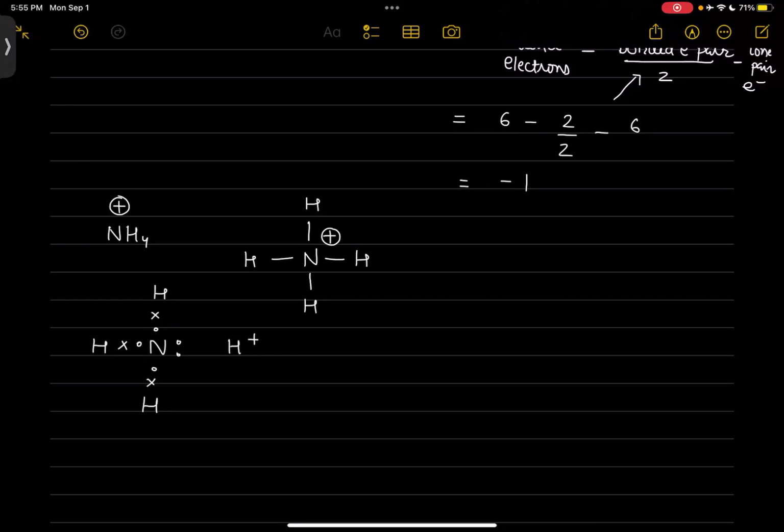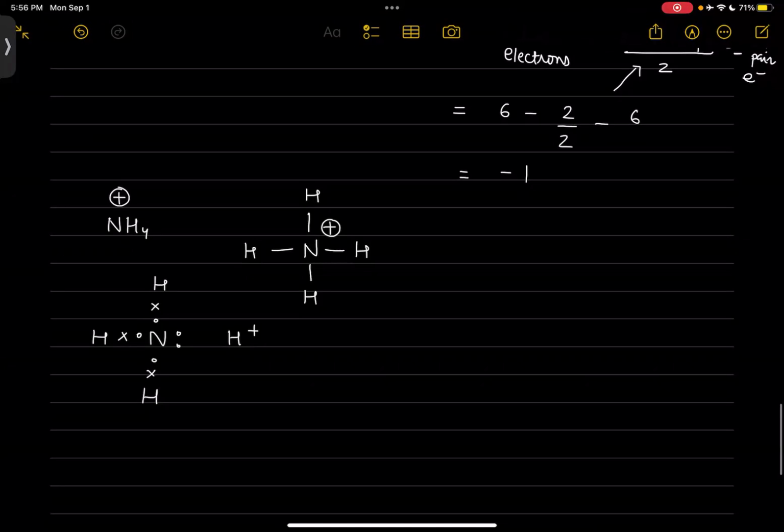So normally, till now what we have seen is that both the atoms bring their electrons and they participate in bond formation. Is it clear?